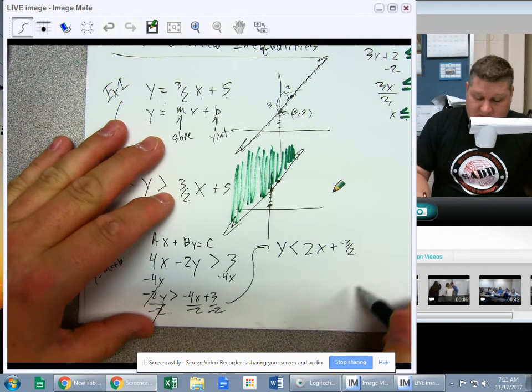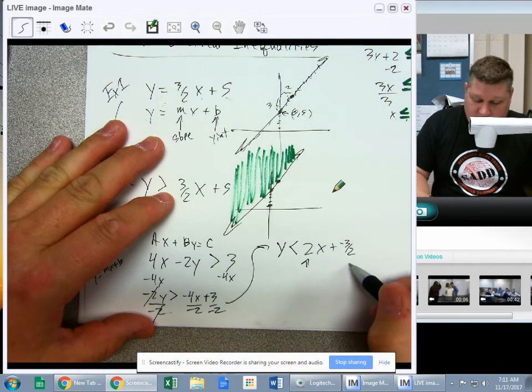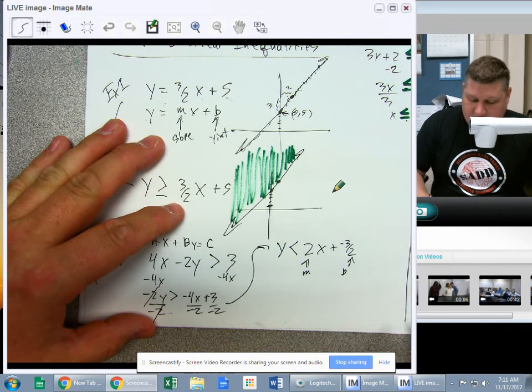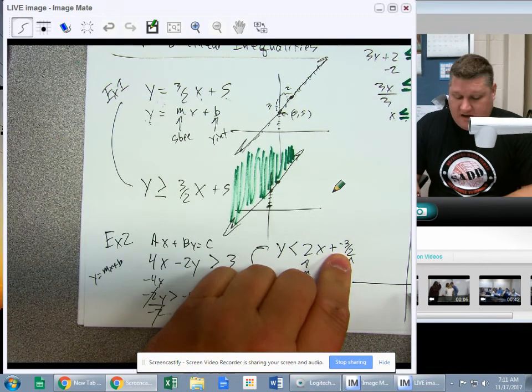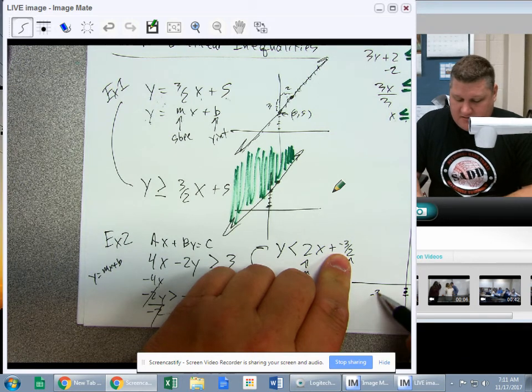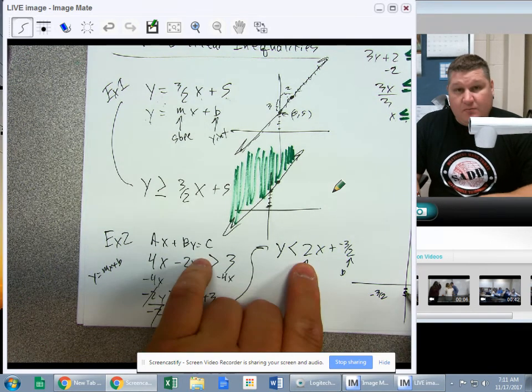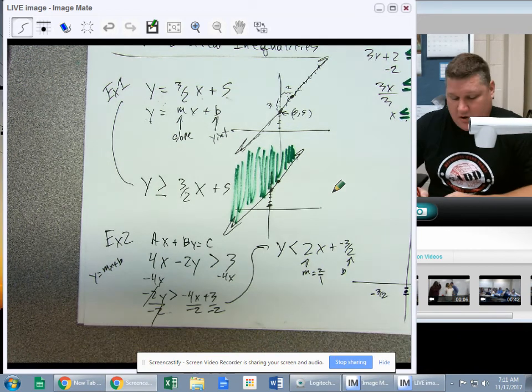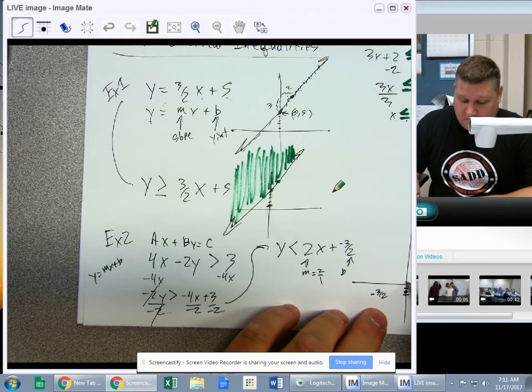Now, in this case, I have a slope and I have a y-intercept, so m and b. Let's graph them up. Negative 3/2 is down 1.5, instead of down 2. But my slope is 2, which is really a slope of 2 over 1. So I go up 2 over 1, and again 2 over 1.